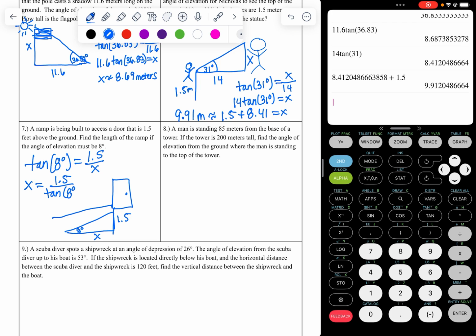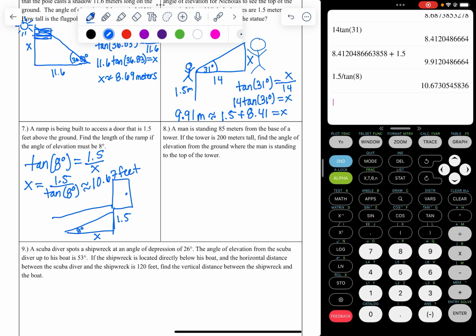You know, when workers are designing ramps, these are things they have to take into account: the angle of elevation that they're allowed for the ramp, the grade, how steep it's allowed to be, and the distance, how long they need to make the ramp to ensure that they only have that angle. That's how they do it. And so we'll get 10.67 feet is how long they would have to make that ramp to make sure.